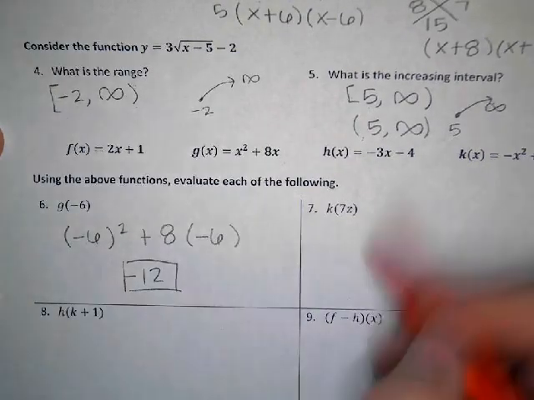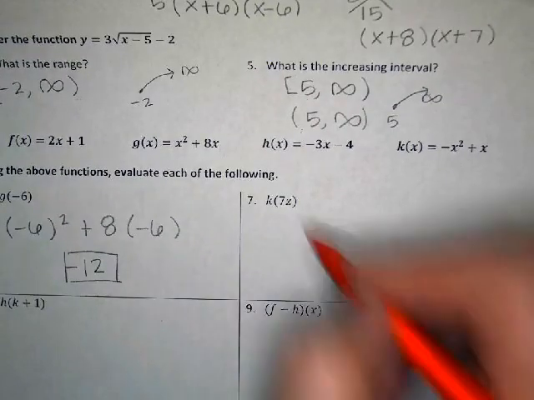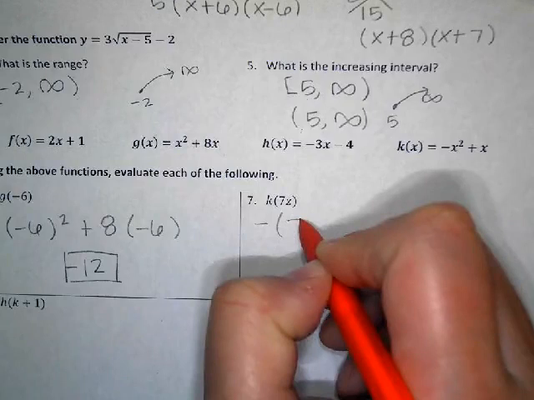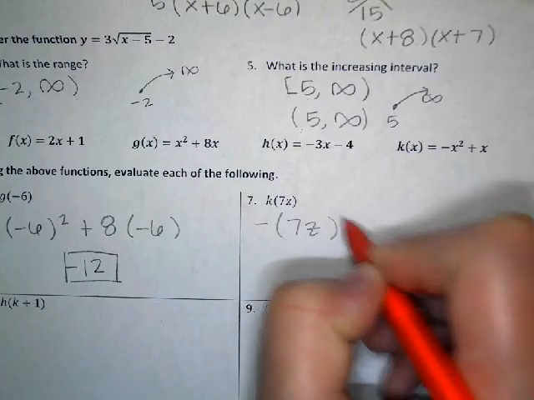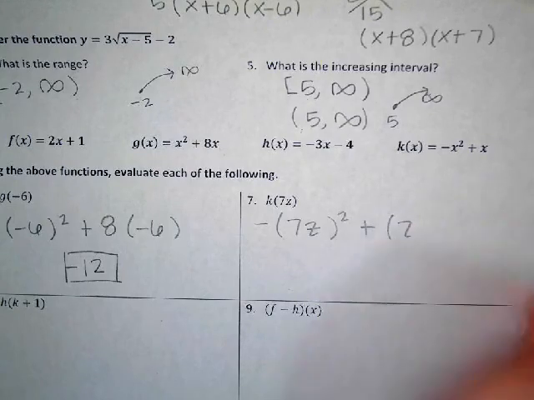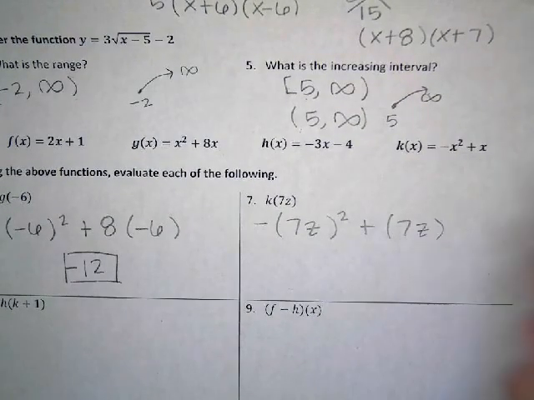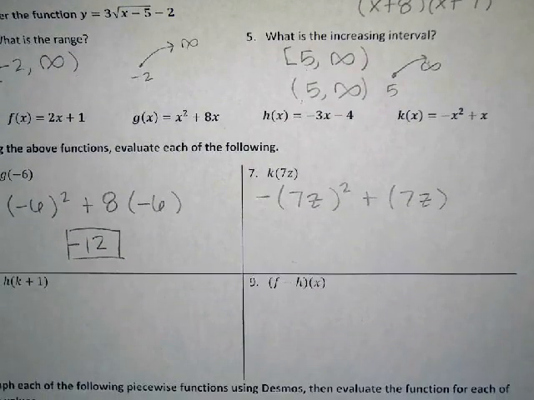Okay. And then we're taking k and we're plugging in 7z. So negative 7z squared, and then plus 7z. Okay. And then what do I do?